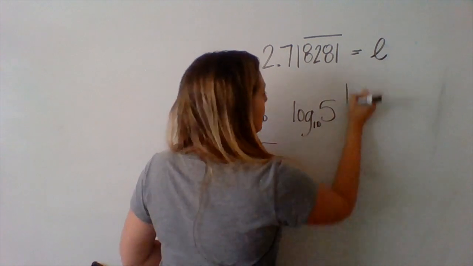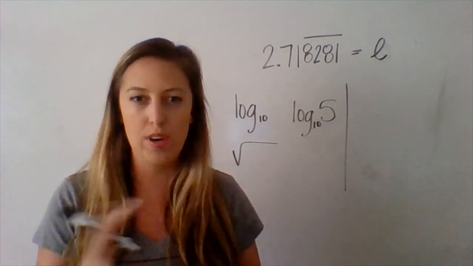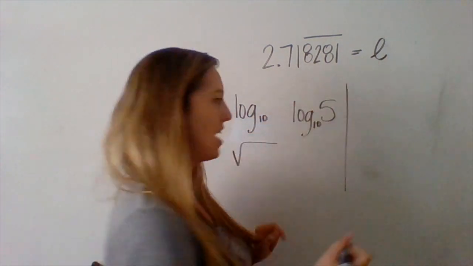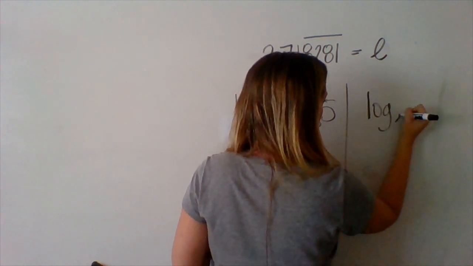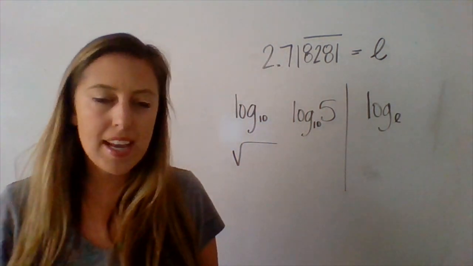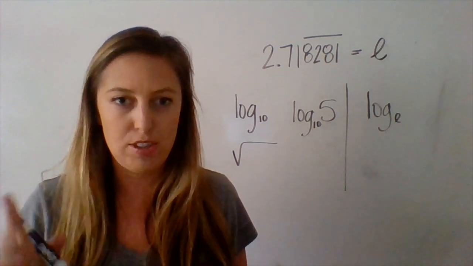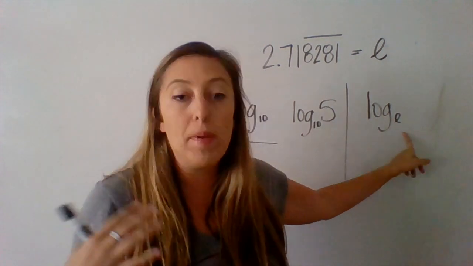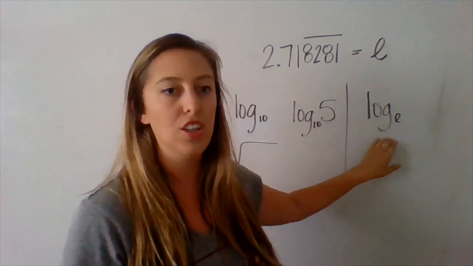Our second most common base in nature and in math and in coding is E. If we have log base E, we use it in nature a ton. Go watch those other videos, they're super cool. It appears so often in nature that this is called the natural log.